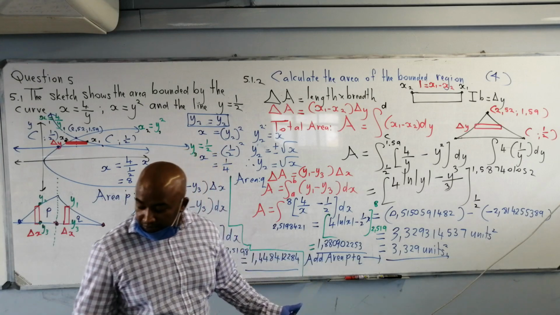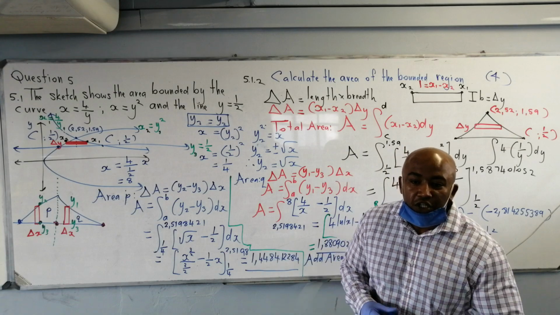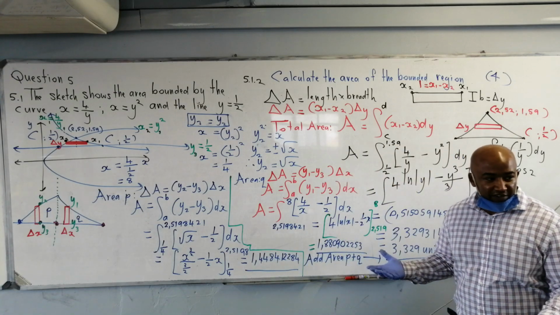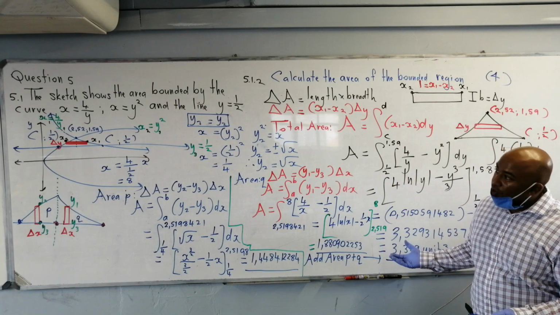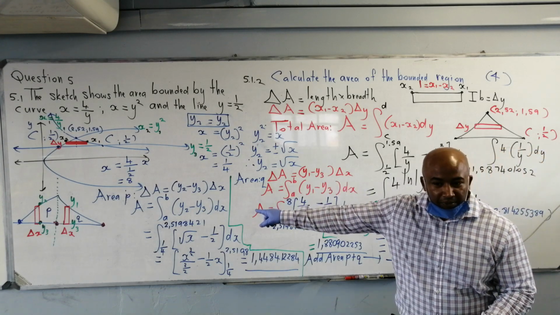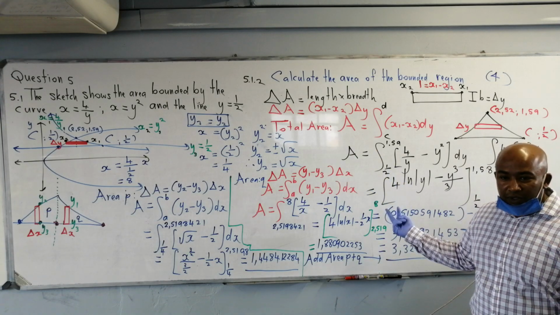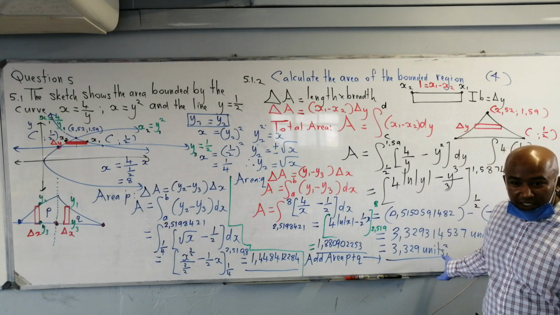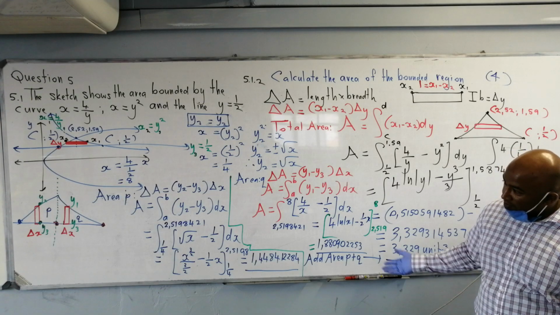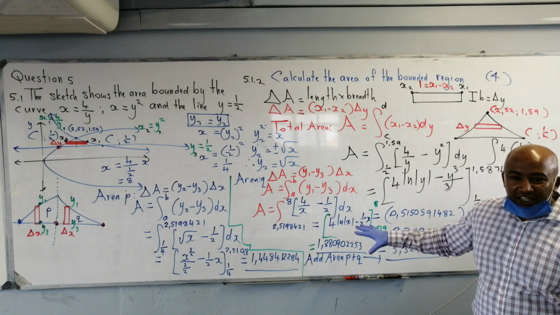So this was area. So why did I do this? To show you the different options that you have. In a situation like this, you do not want to split up the area, because you end up doing extra work. You come to the same answer, but it's good for your understanding. Most of you won't even attempt this.